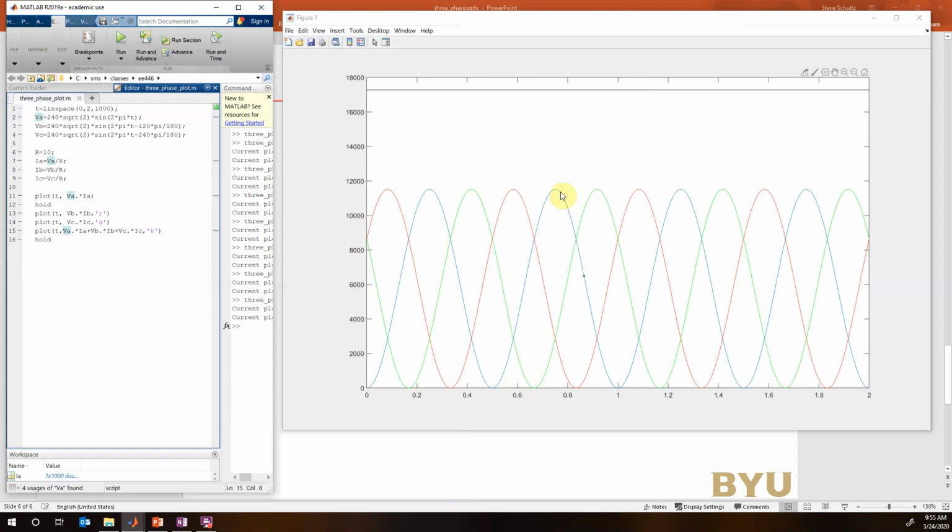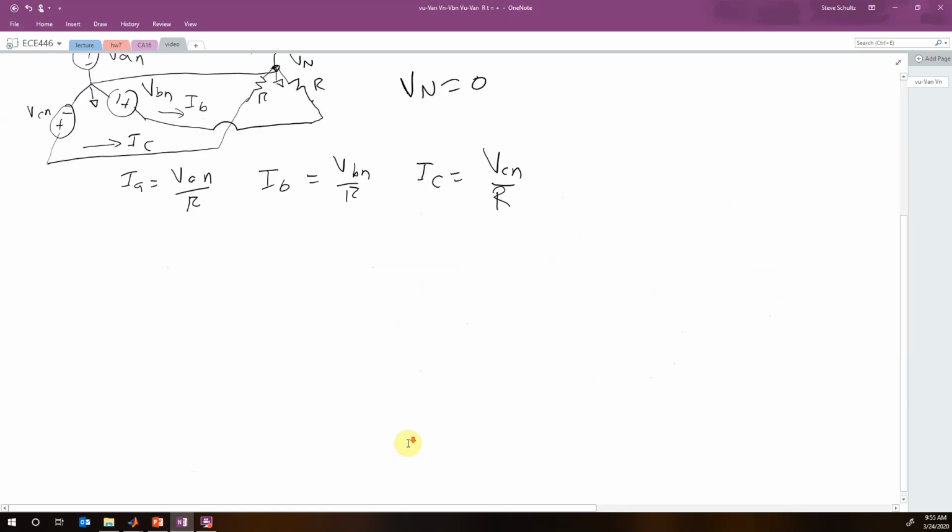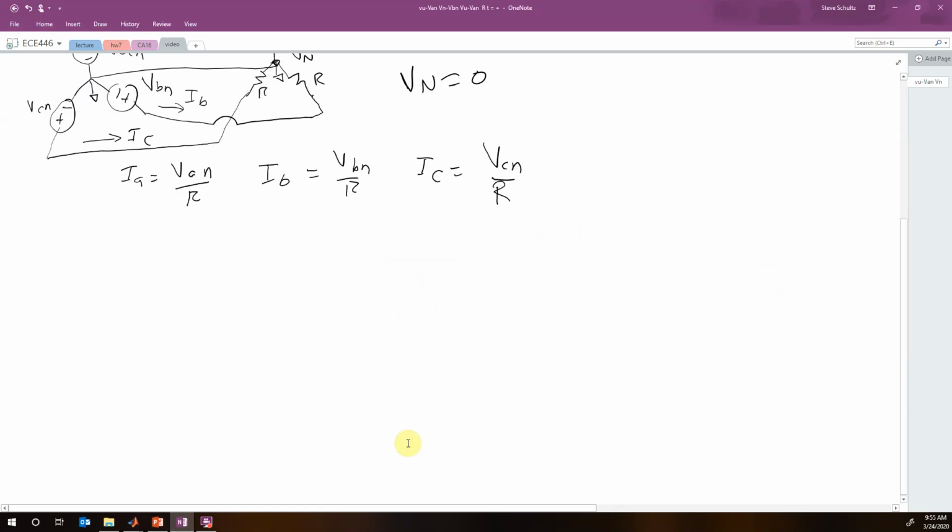So just to review with our three-phase power, all the voltages are out of phase by, let me write these down, we see that they're all shifted by 120 degrees.